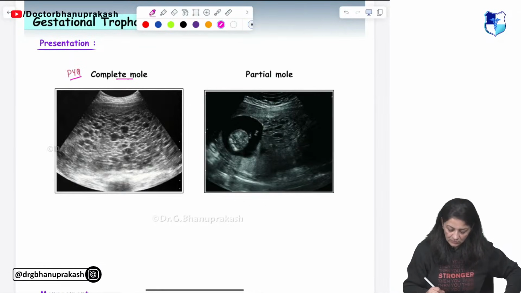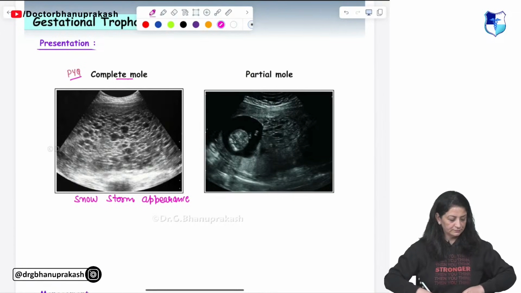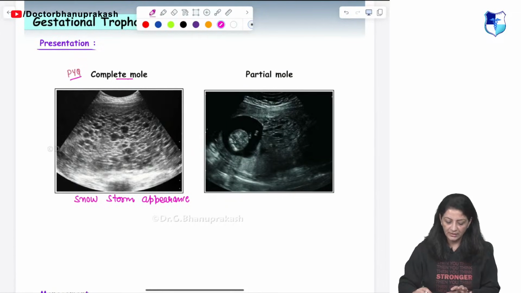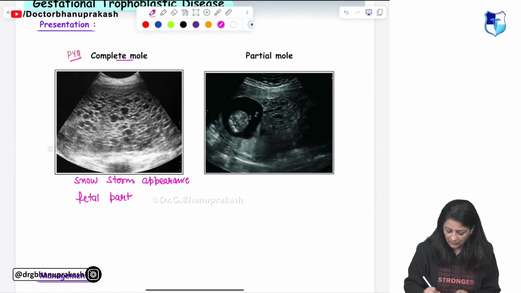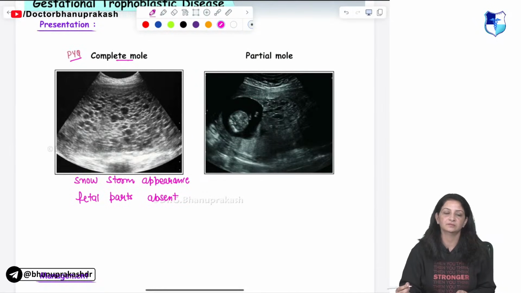This is a PYQ, snowstorm appearance in complete mole, and fetal parts are absent in complete mole.